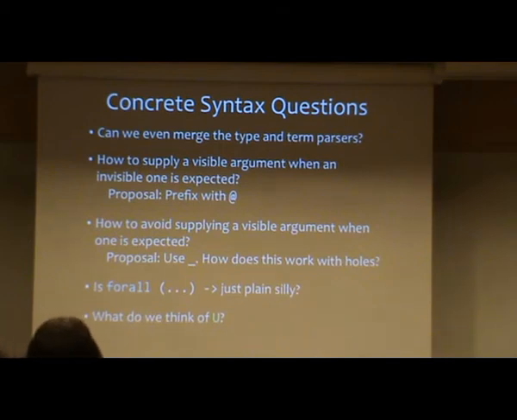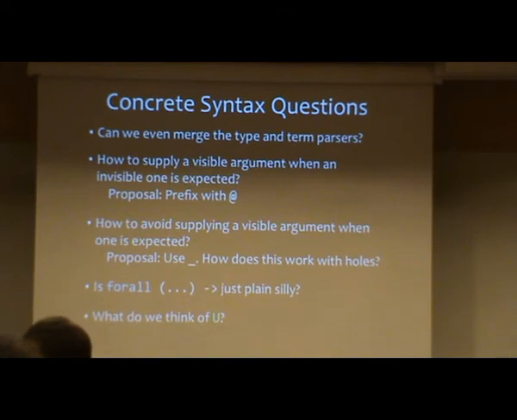So a bunch of questions that I still have about this. Is this at all feasible? I have not stared hard at the parsers to figure out if this is possible. And parser engineering is not my strong point. So can we even do it? We saw an example earlier about how to override an expected invisible argument using an @ sign. Is that a good idea? Does that conflict with, say, as-patterns too much?